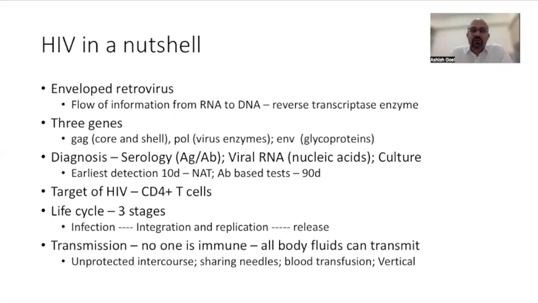So the different routes of transmission which are important are those of unprotected sexual intercourse, sharing of infected needles, possibly during drug abuse, blood transfusions, and vertical transmission, wherein a mother could transmit the virus infection to her child through breastfeeding or even during childbirth during a normal vaginal delivery.